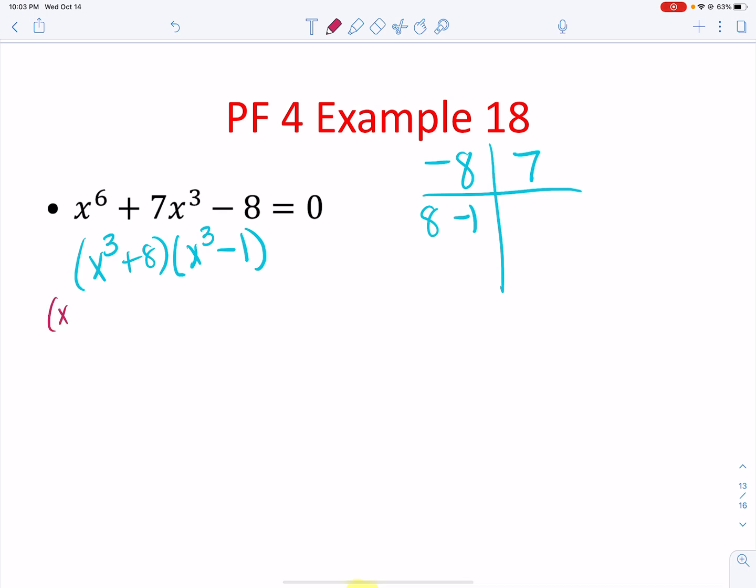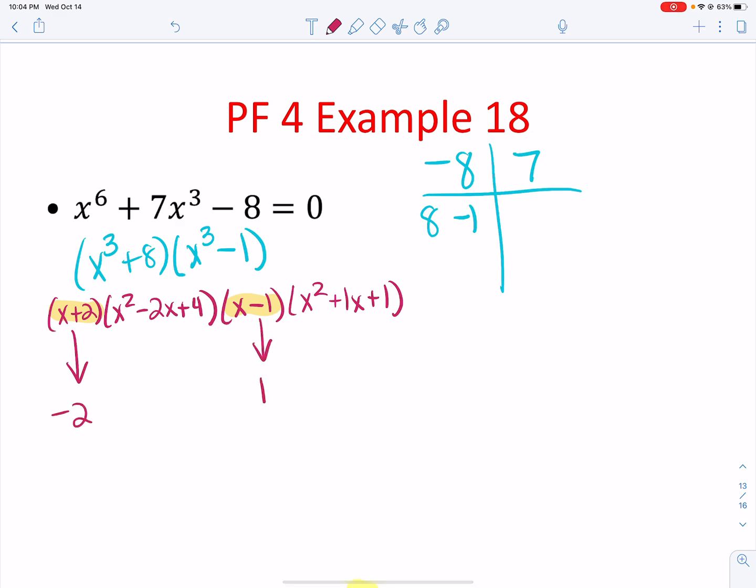So this would be x plus 2, and then x squared minus 2x plus 4. And then this would be x minus 1, and then x squared plus 1x plus 1. These two are definitely factorable. So one of my roots would be a negative 2 and one of my roots would be 1.